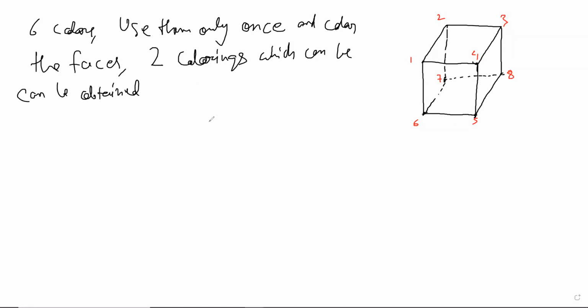All the faces being non-distinguishable would be another way to say it. But I'm saying it like this: two colorings will be considered the same if they can be obtained by rotation, by some rigid motion.